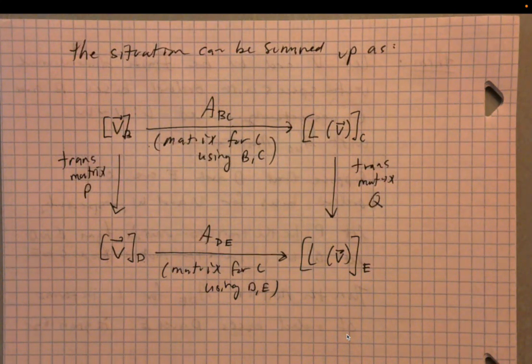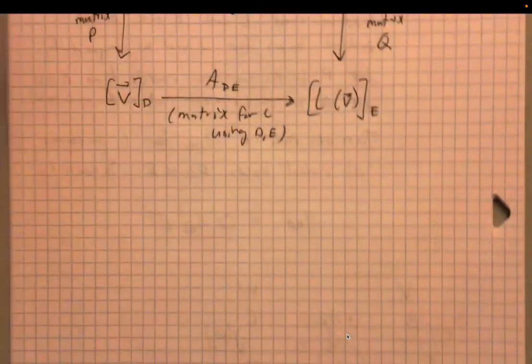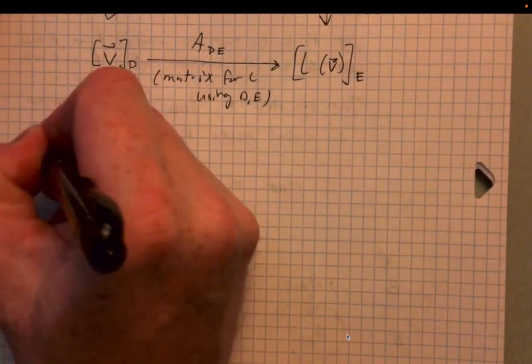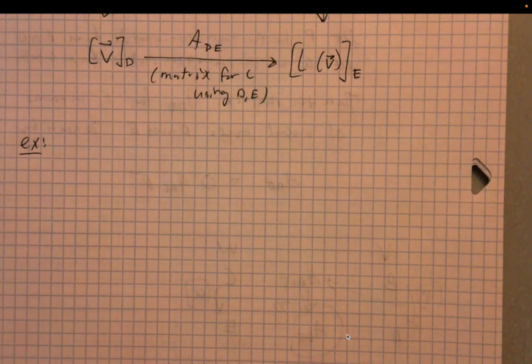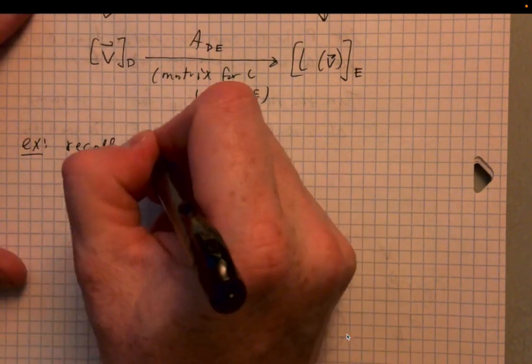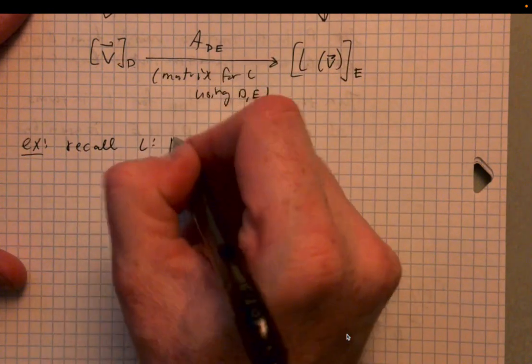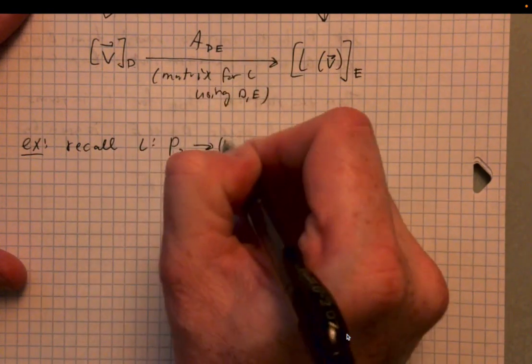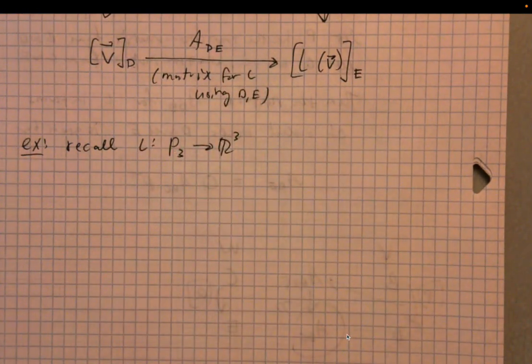Okay, so let's do an example, see how this works. Let's recall the example from the previous section of the linear transformation P3 to R3. This has been the running example for this whole lecture, but part A of the lecture had the specifics of this.